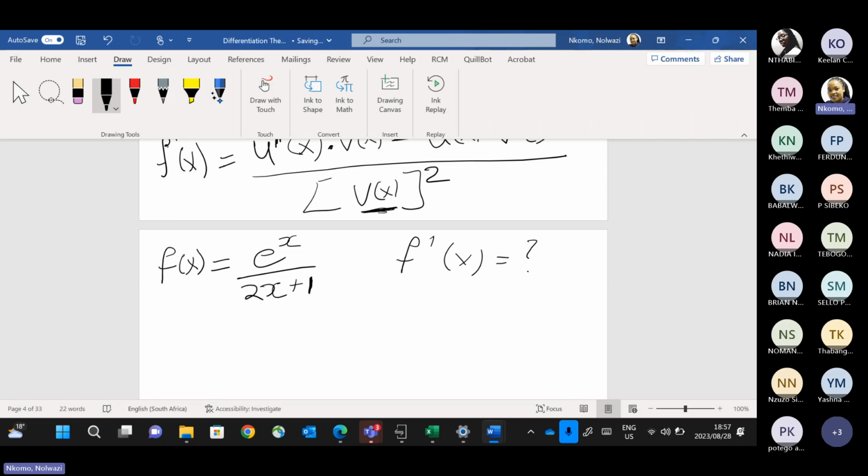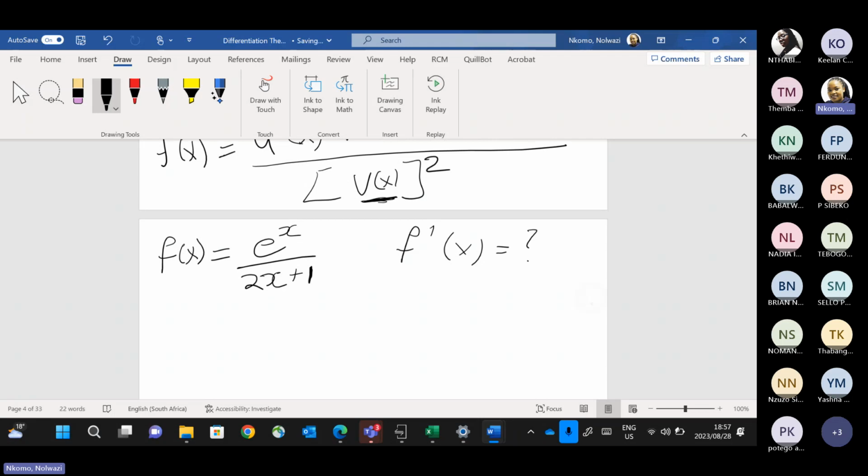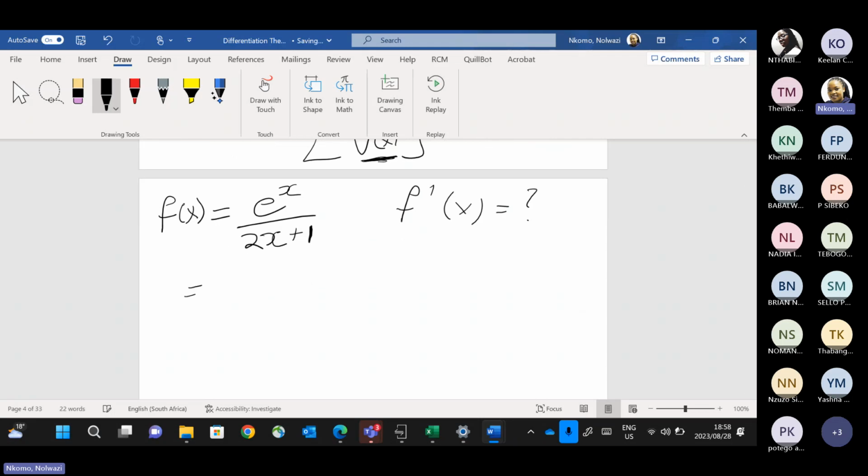Right. Okay, you see from this function, you can apply a product rule, right? Because you can write this function as e to the power x times 2x plus 1, everything to the power minus 1, right?